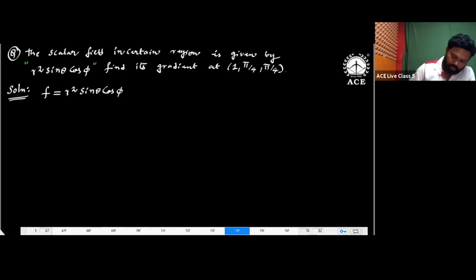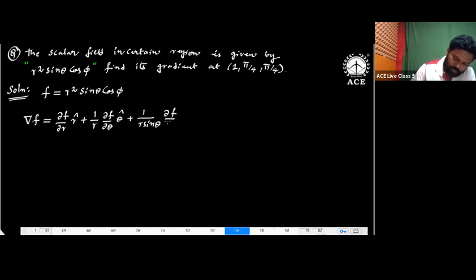I have already given it. So the gradient of f is dou f by dou r r cap plus 1 by r into dou f by dou theta theta cap plus 1 by r sin theta into dou f by dou phi phi cap.